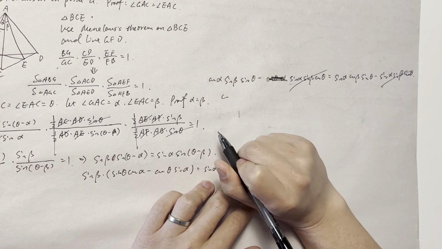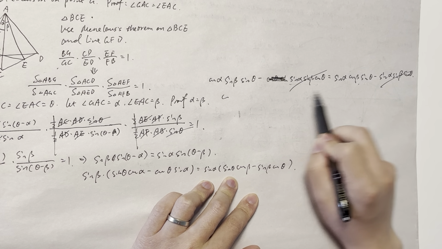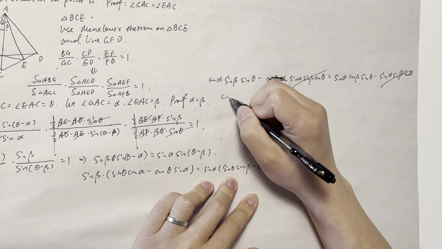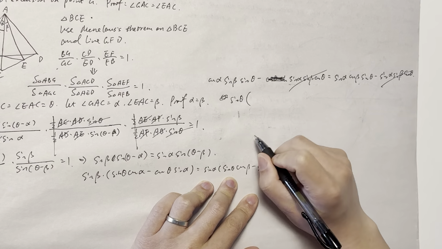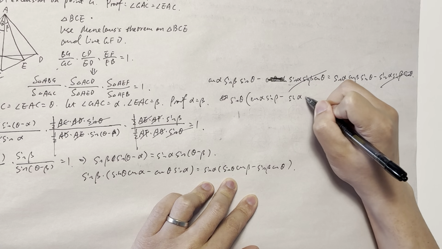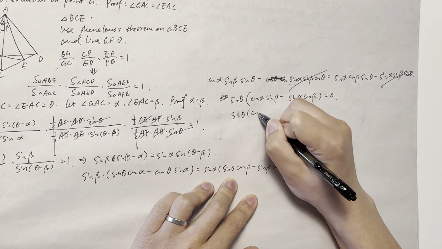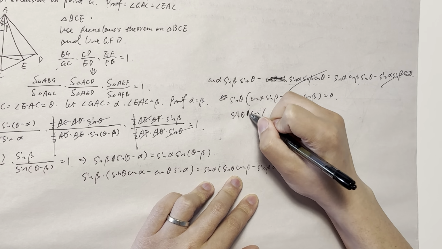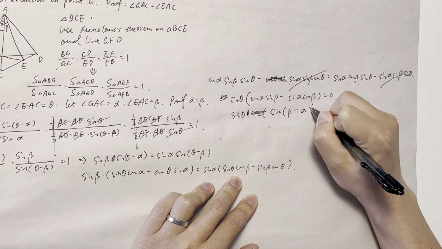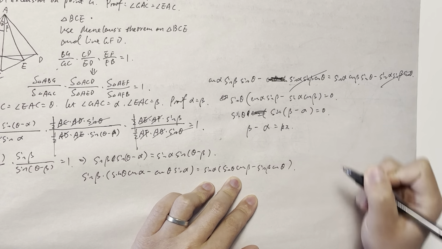That means we move this term to the left side of the equation. That becomes sine theta times cosine alpha sine beta minus sine alpha cosine beta equals 0, which means sine theta times sine of beta minus alpha equals 0, which means beta minus alpha equals k pi.